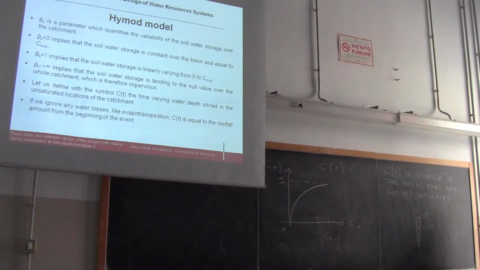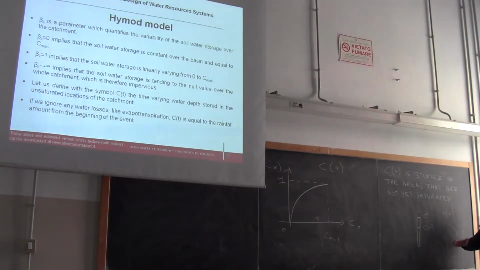And in order to fully understand what is C of t, I can tell you that if you neglect any form of evapotranspiration, C of t is nothing else than the rainfall depth from the beginning of the event. It starts raining. You indicate rain with P of t, and P of t is the cumulative rain from the beginning of the event. Basically, what happens in an area that is not saturated is that all the rainfall is infiltrated and contributes to the storage in that area, which is C of t. C of t is equivalent to the rainfall from the beginning of the event.